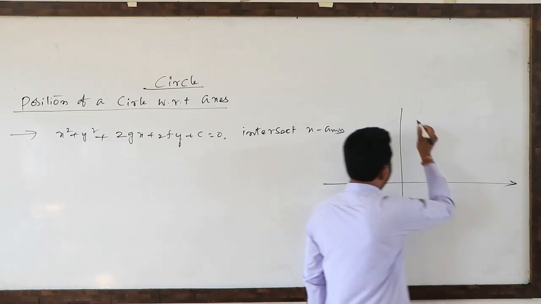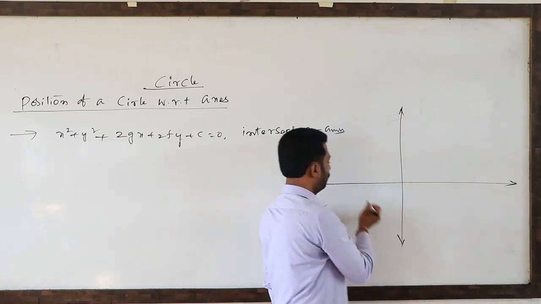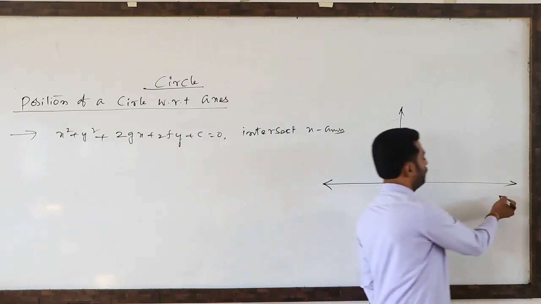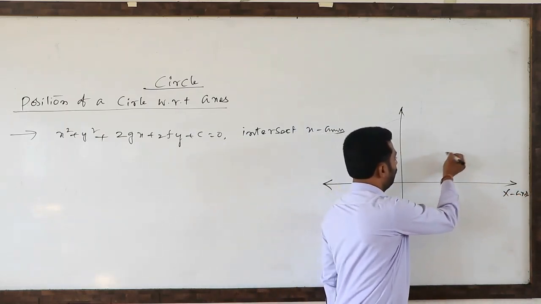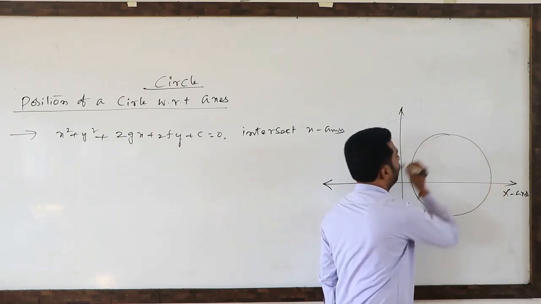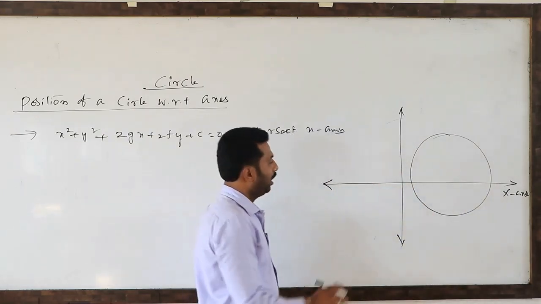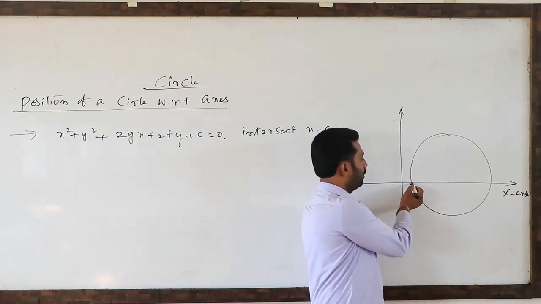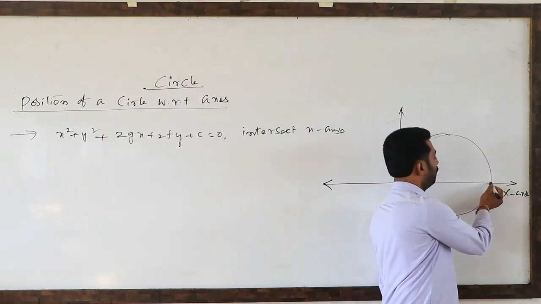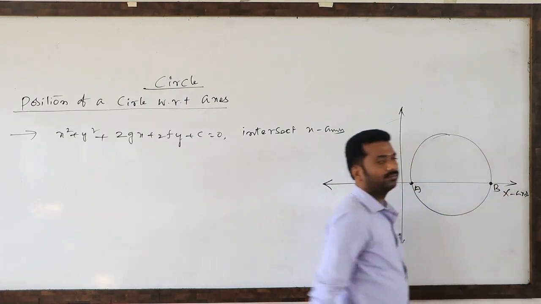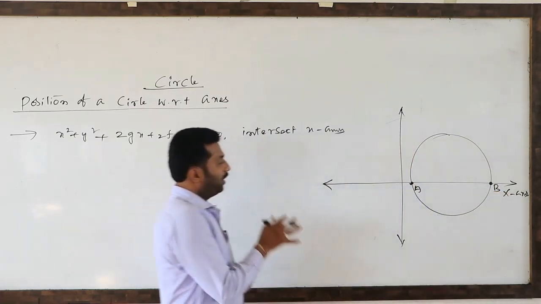You remember, these are the coordinate axes. No doubt about it, this is the x-axis. One circle intersects the x-axis at 2 points. This is the point A, this is the point B. Then we have to calculate the length of AB.